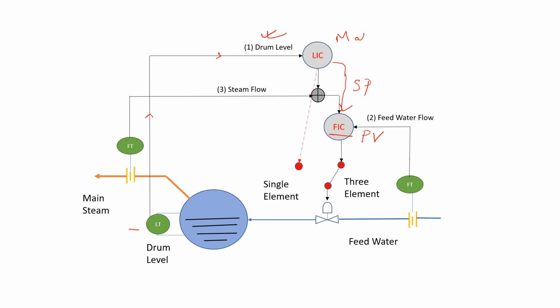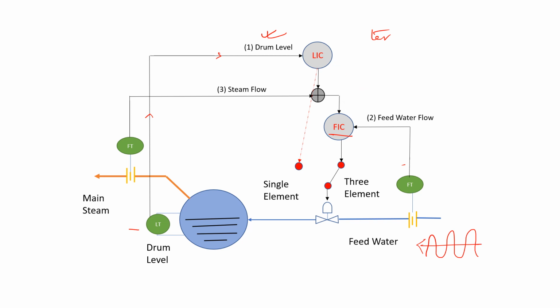So the level controller becomes the master, and the flow controller becomes the slave. This is a master slave cascade control scheme. In this way, the variation in the feed water flow line can be accounted for, and this is known as the two element boiler drum level control.